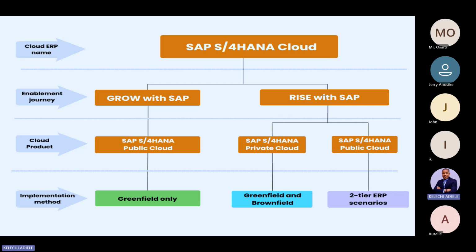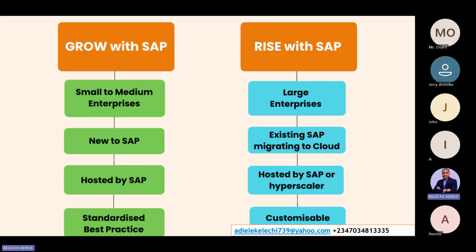But if you're coming in, then you have to adopt the Greenfield approach. At this point, somebody will ask, what's the difference between Grow and Rise? Well, as an SAP person, I would say Grow is used for small to medium, Rise is for large. So that's the flow. We're having the conversations and the business is asking questions.